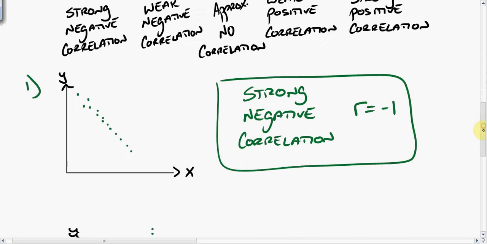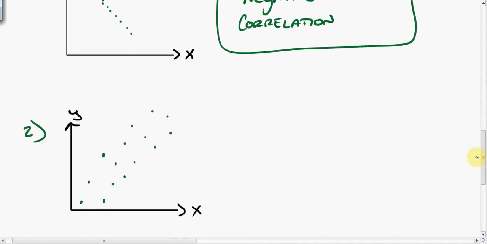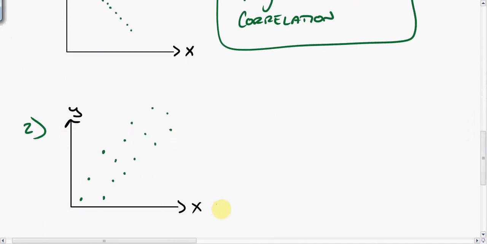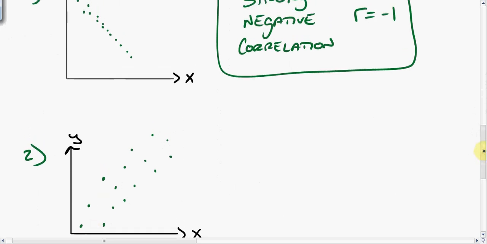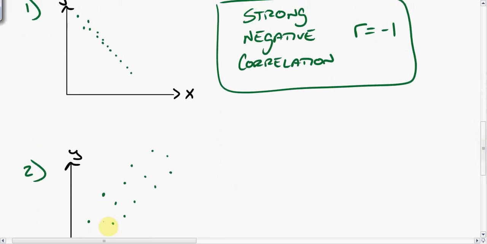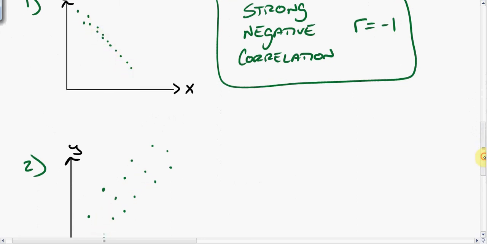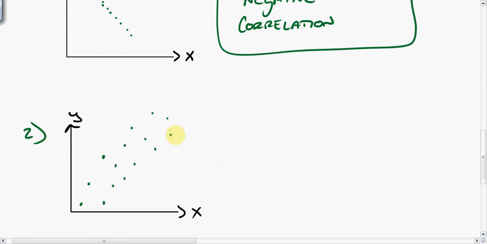Let's look at a second one. Here, I've got my XY coordinate plane, a bunch of data points plotted, and to me, it looks like there is a positive correlation. These data points are increasing from left to right, but if you compare to problem 1, they're definitely not as tight. They don't form a straight line, and they're not that close to forming a straight line.